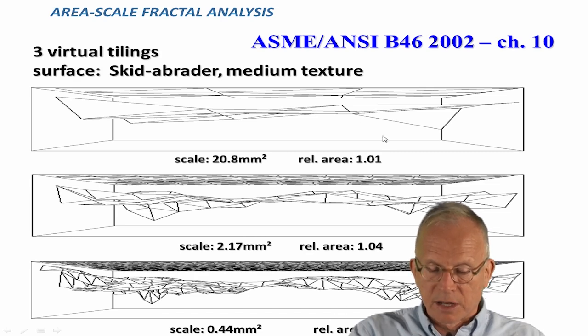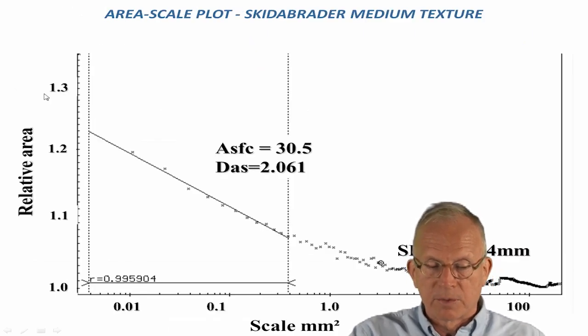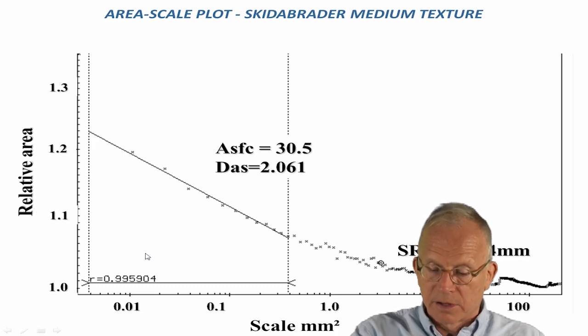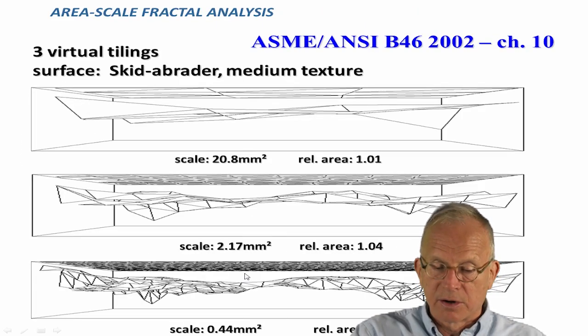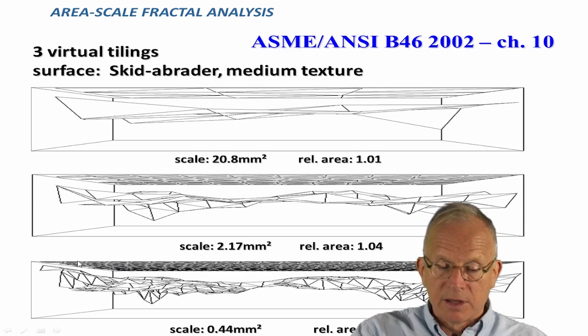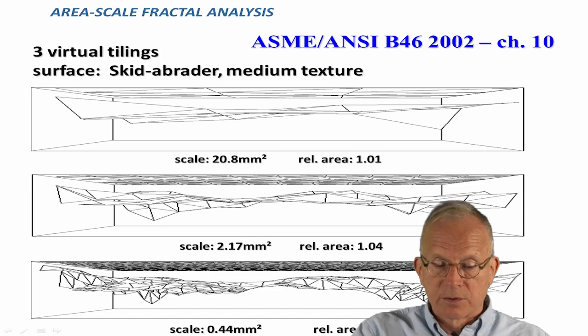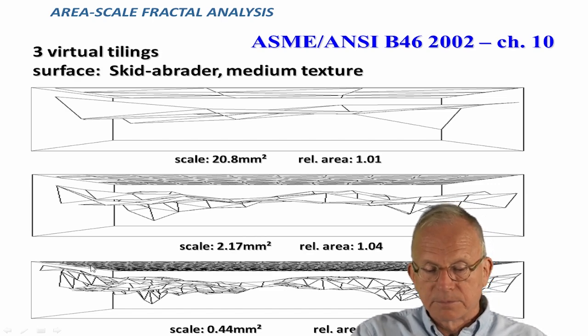So we do this in a triangular tiling method, and then we plot the relative area, and the relative area is the tiled area divided by the projection of the surface. So we can see in the projection there's some little bits that are left over here, and those were not covered in the tiling exercise.